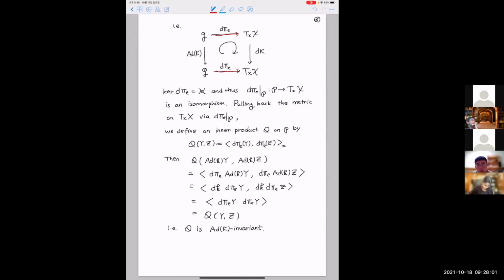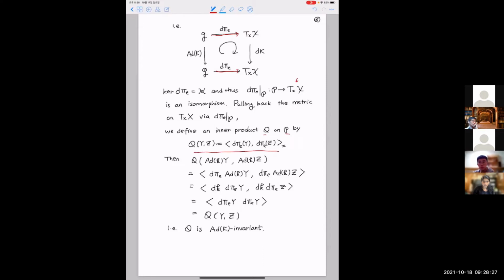And then we have a Riemannian metric, I mean the symmetric metric, on the tangent space here. Then you can pull back the metric to P through this differential map. So then define an inner product Q on P like this.